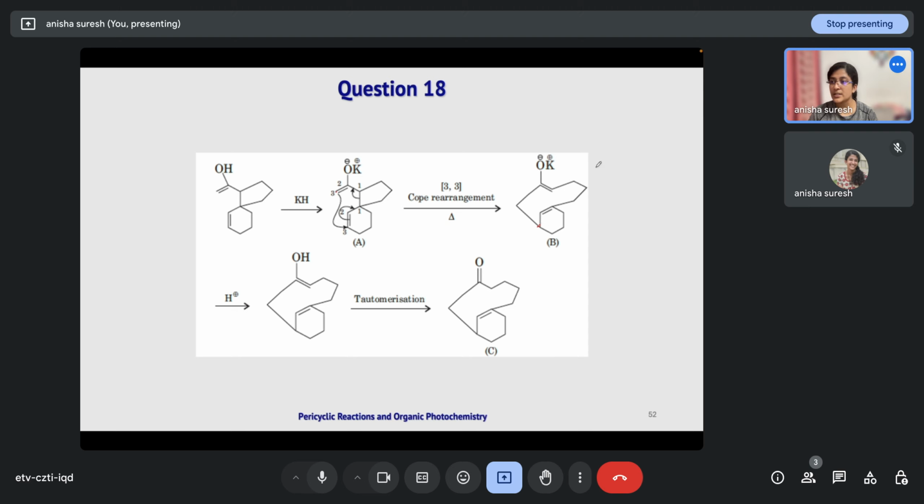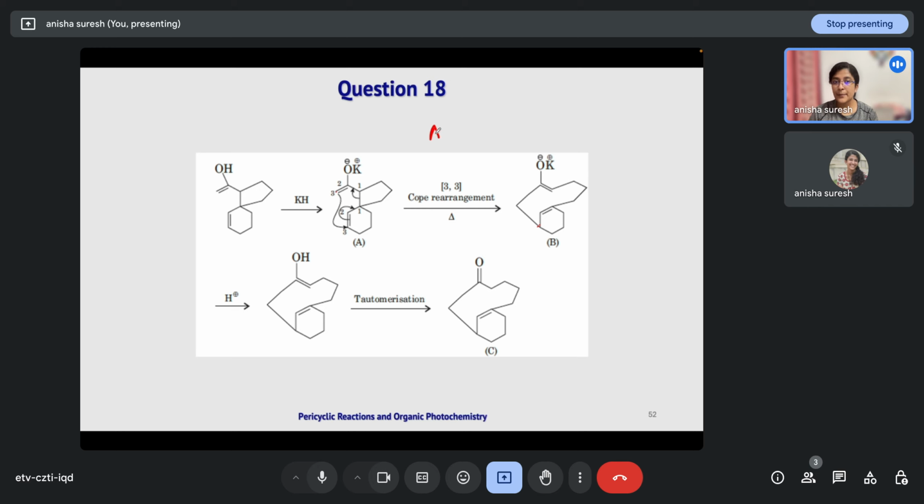So this is the structure of B. Then upon treatment with H plus, this O minus K plus will be converted into this enol, and upon tautomerization this will result in the formation of this compound C.